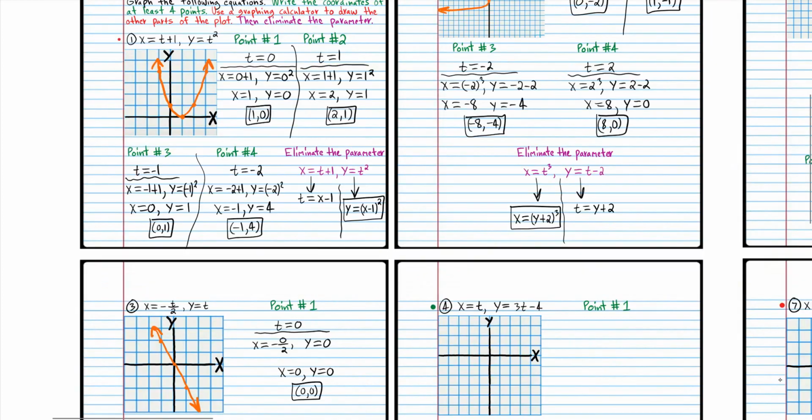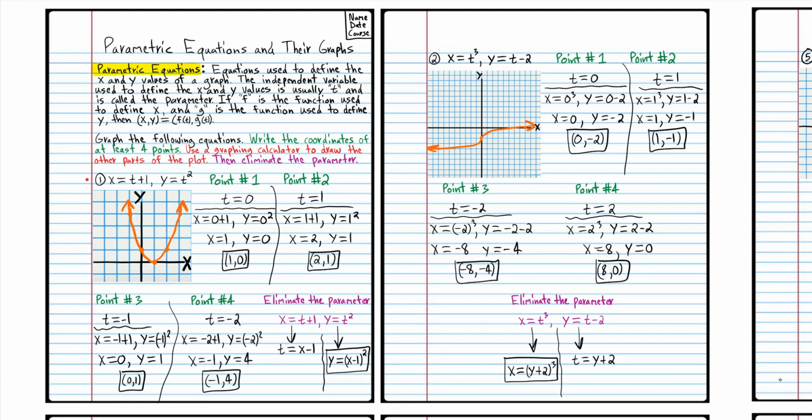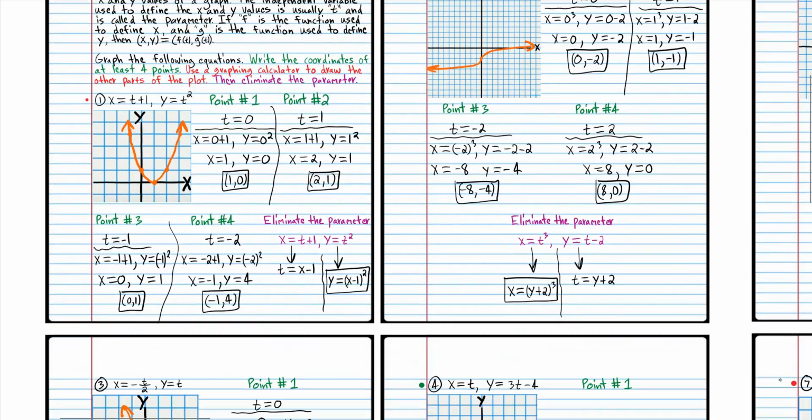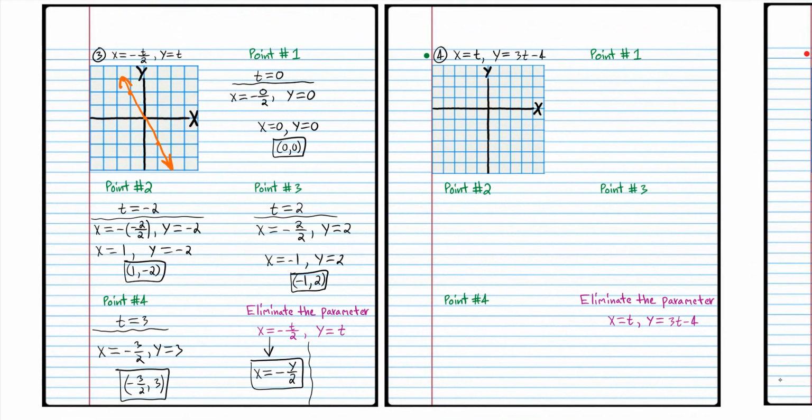So I want you to take a picture of these two problems here, and you can use number 3 to help you. So you may need to change the window. So you're going to have to press the window button and change it based on this window here.